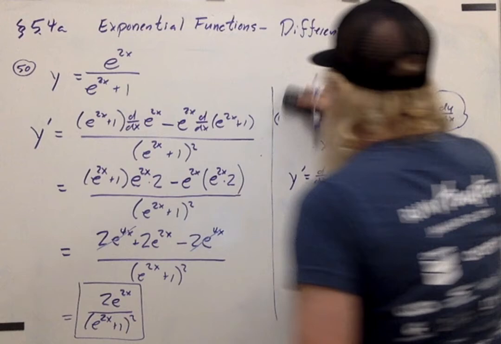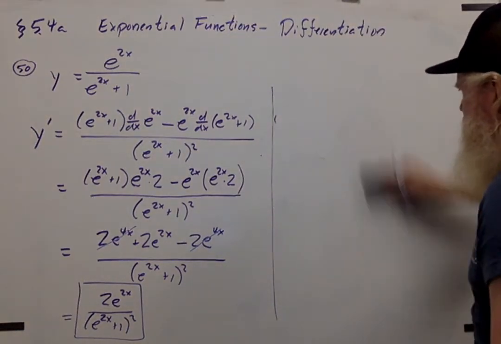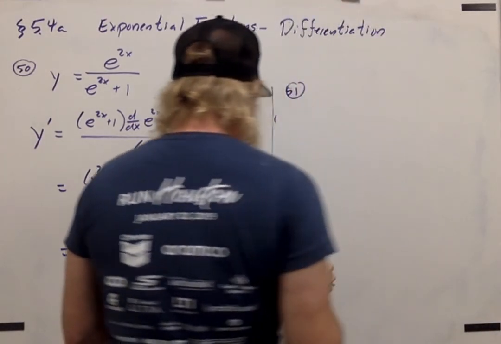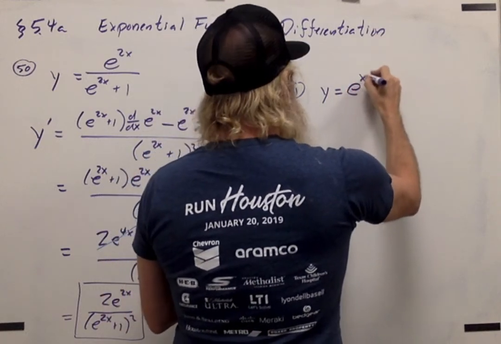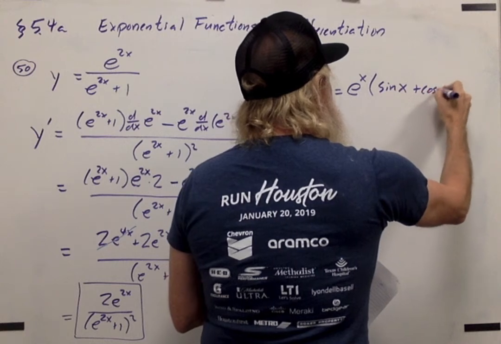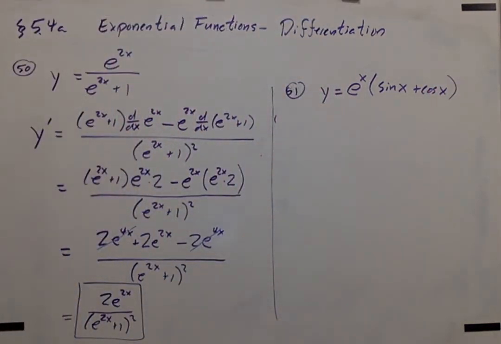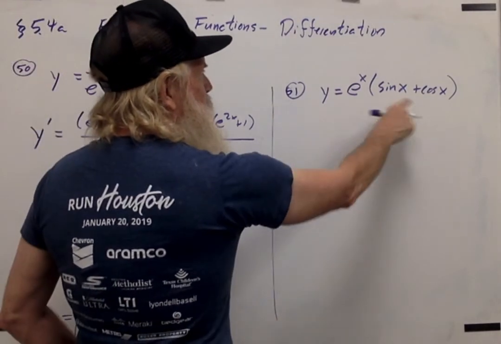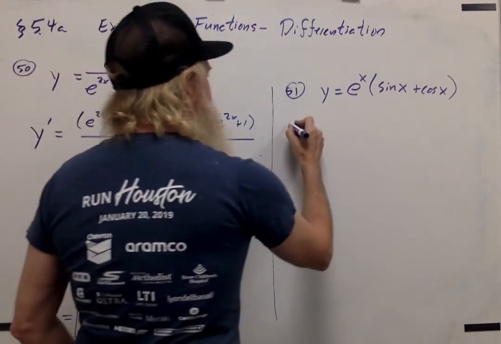For one last example, let's look at problem number 51. Here, y is equal to e to the x times sine x plus cosine x. So we'll need to use the product rule to differentiate this.